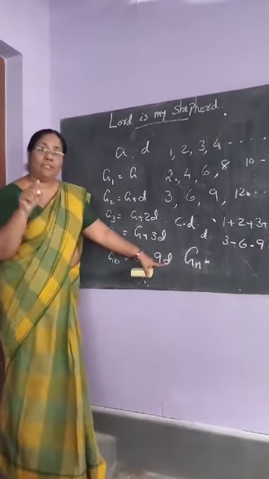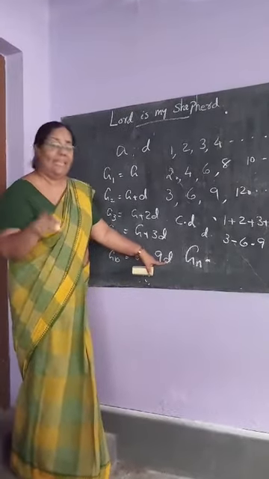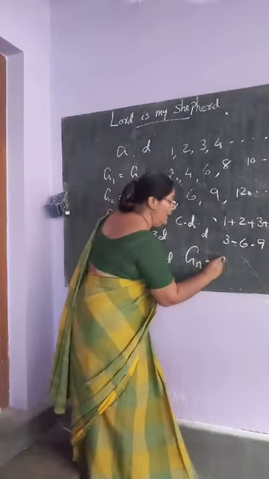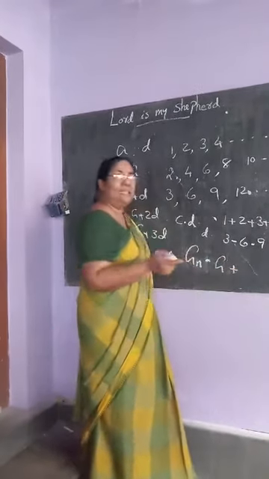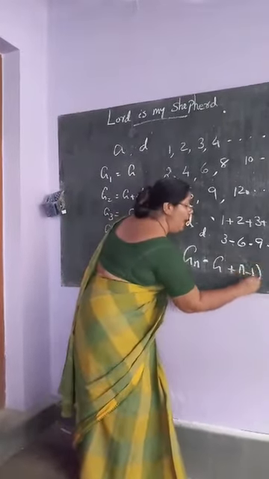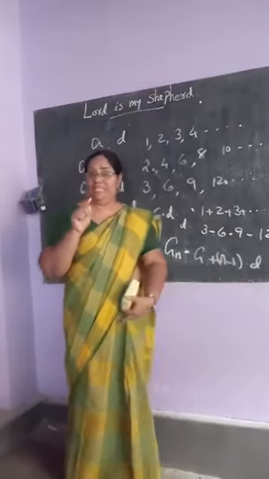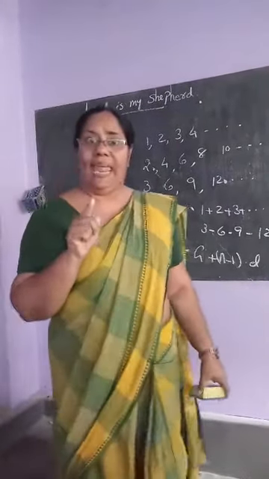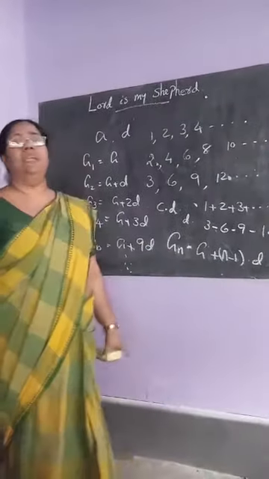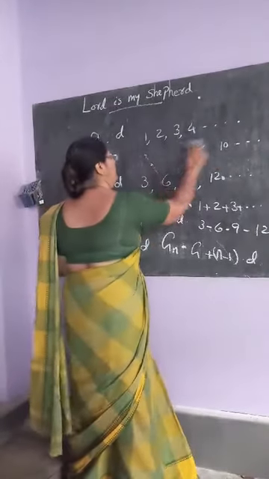If it is A20, we write A plus 19D, etc. An is equal to A plus, that means the first term plus (n minus 1) into D. The general term: An is equal to A plus (n minus 1) into D. That is the first topic here.